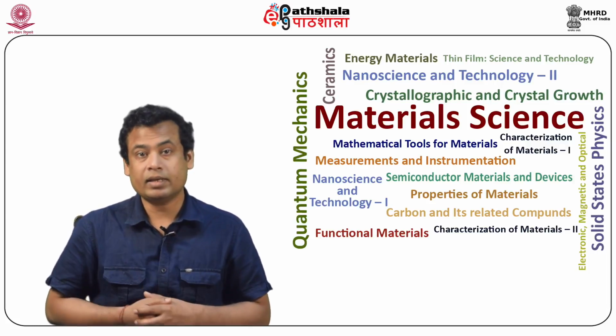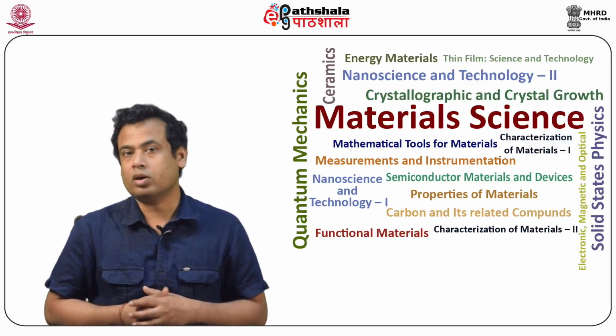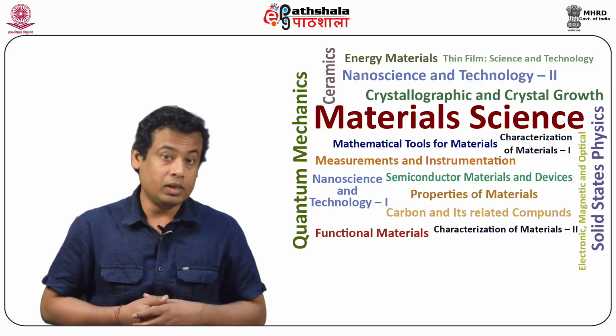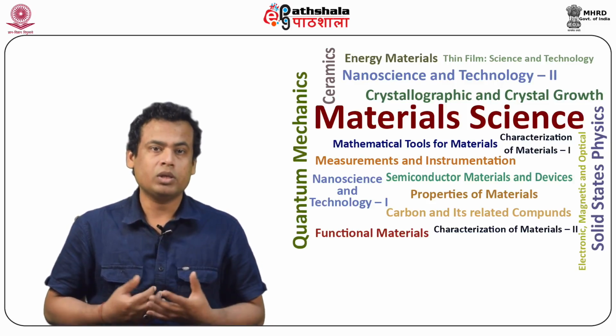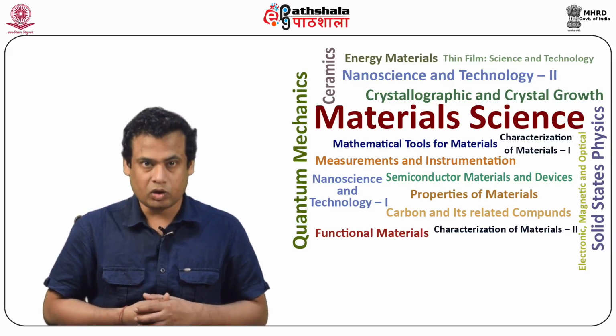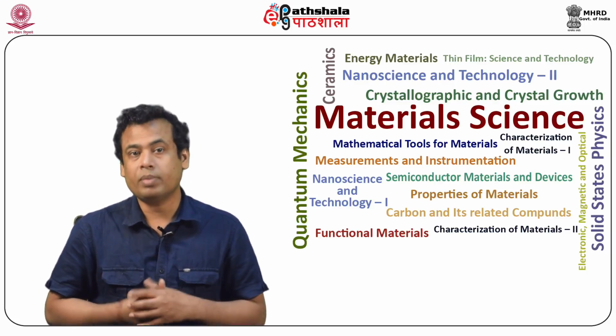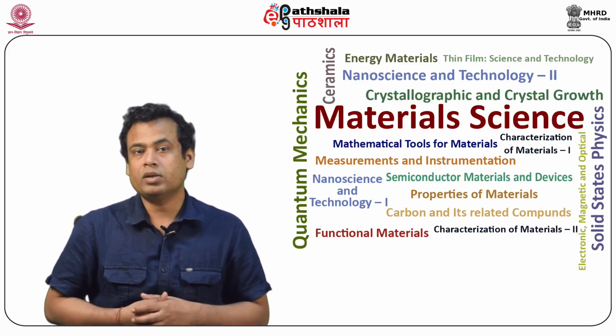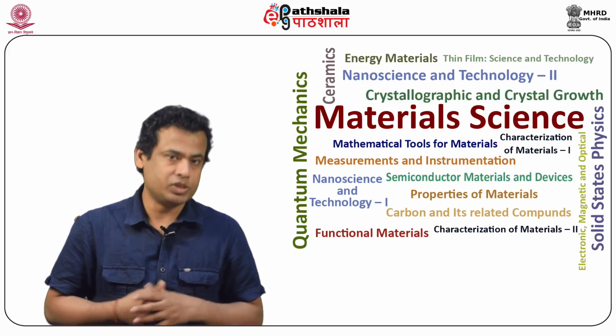The secondary electrons, with low energy of about 10 to 50 electron volts, are generated from the collision between the incoming electrons and the loosely bound outer electrons, and can provide topographic information of the specimen.